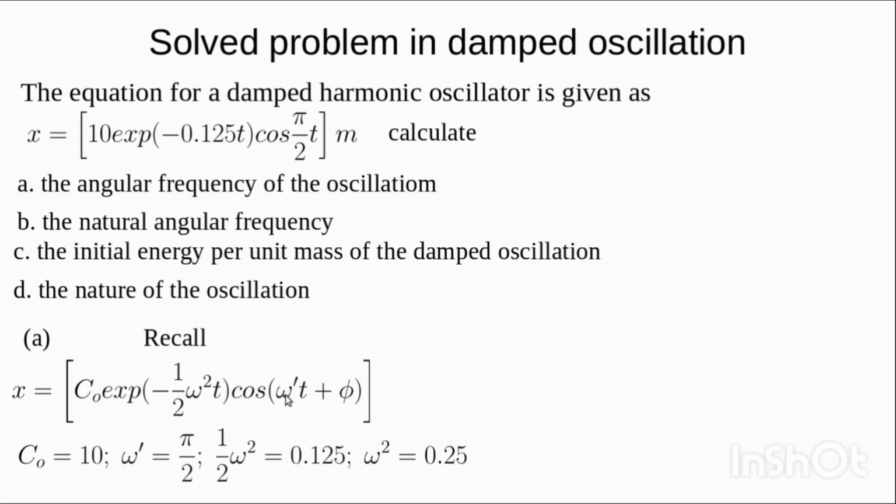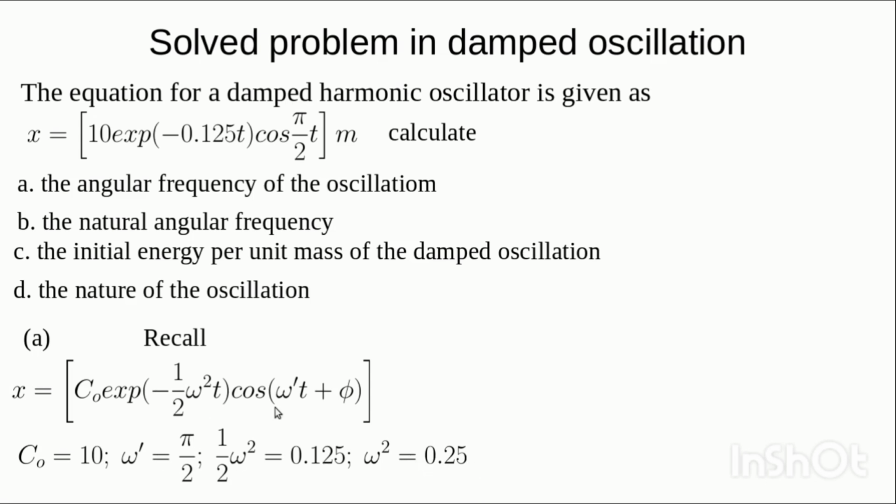Our W prime is just pi over 2, right? Then half of W squared is 0.125. So if we find just W squared, just take 2 here, it becomes W squared is equal to 0.25.